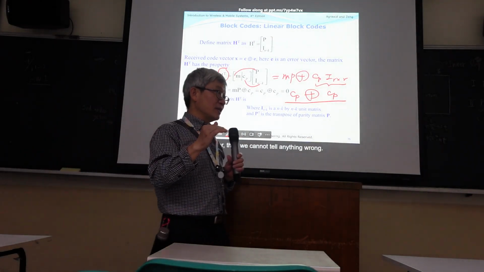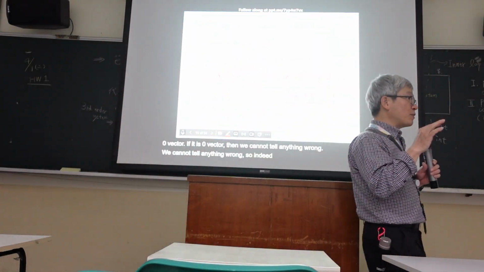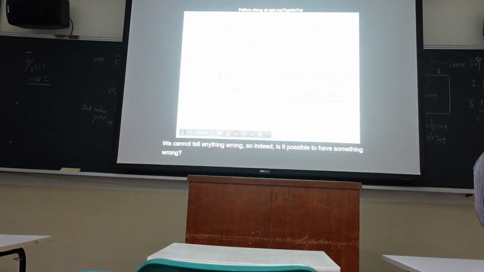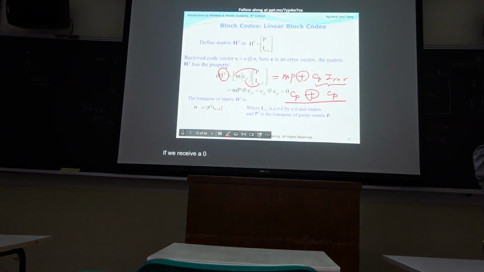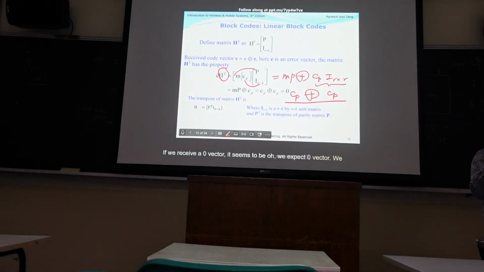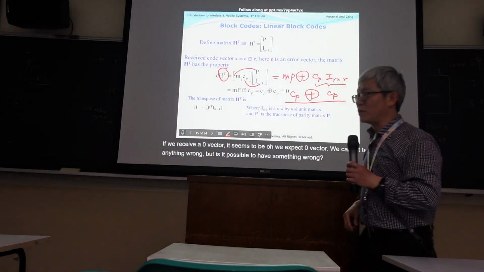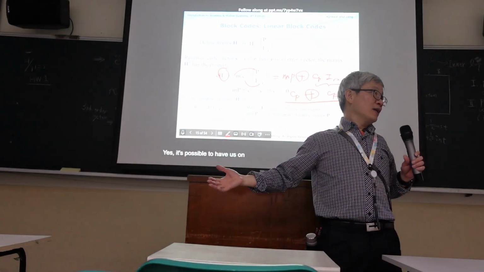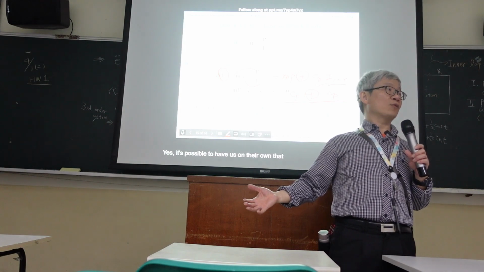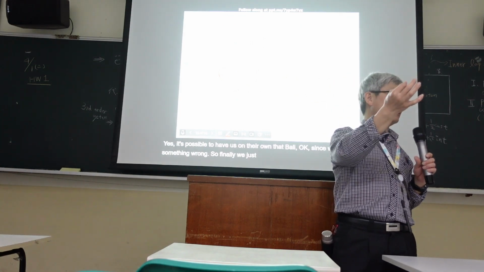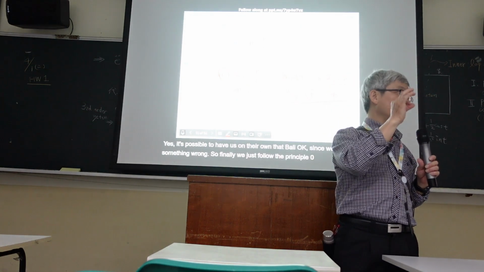So indeed, is it possible to have something wrong? If we receive a 0 vector, we expect a 0 vector, and we cannot tell anything wrong. But is it possible to have something wrong? Yes, it's possible. But since we cannot tell something wrong, we just follow the principle: 0 vector, then we think nothing wrong.